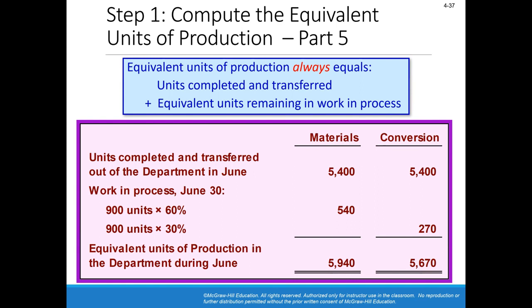All right, so the equivalent units of production always equals the units completed and transferred. So that's the number that we were given, what was transferred out, plus the equivalent units remaining in work in process. That's how we calculate that. We add the units completed plus the equivalent units that are remaining in work in process.